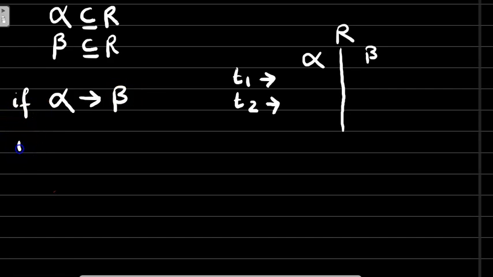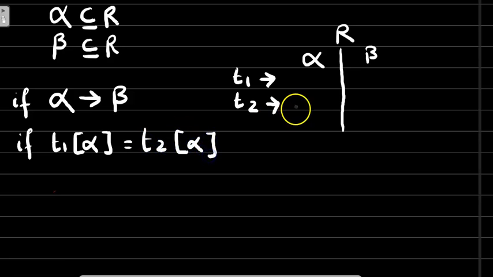then if T1 of alpha is equal to T2 of alpha, it means that if there is 1 over here and 1 over here, then it should give you the same value on the other side. That means if roll number 1 is in the first tuple and roll number 1 is in the second tuple, it should give you the same name.